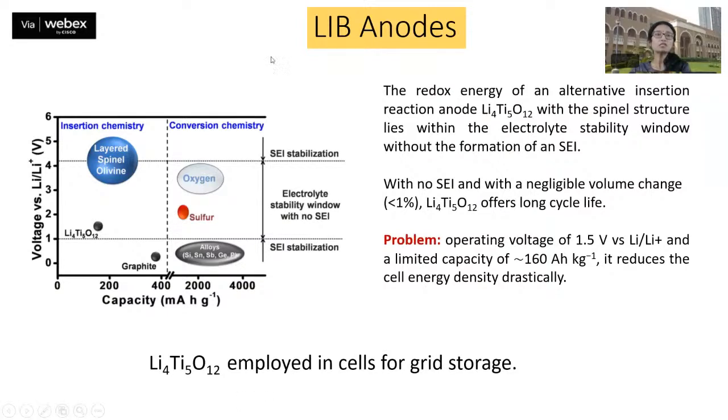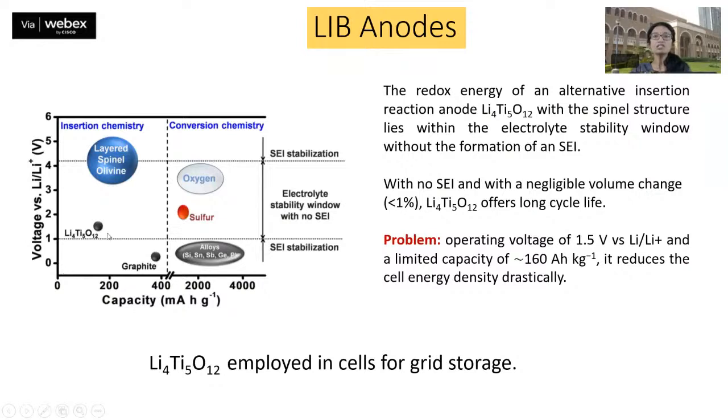Now, if you look into this particular plot of capacity versus voltage, here I have shown you a few of these insertion chemistry based electrode materials and some conversion chemistry based electrode materials. Among insertion based materials, we have already discussed graphite. There is another insertion based material which is also being used, and that is lithium titanate.